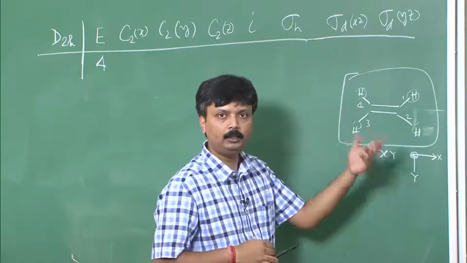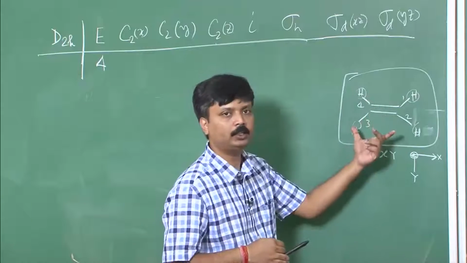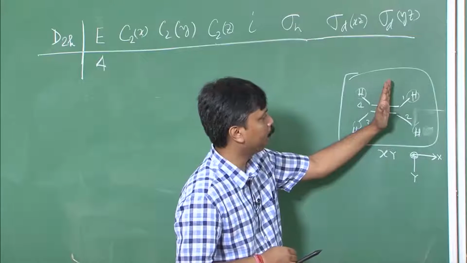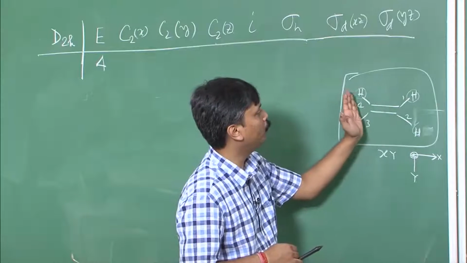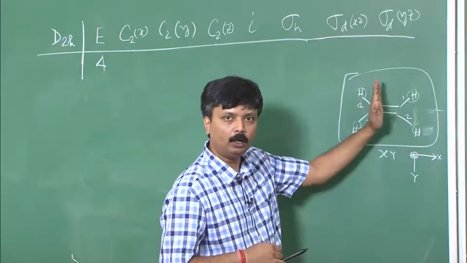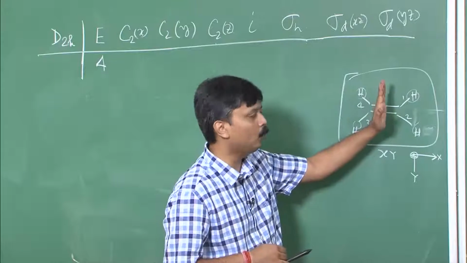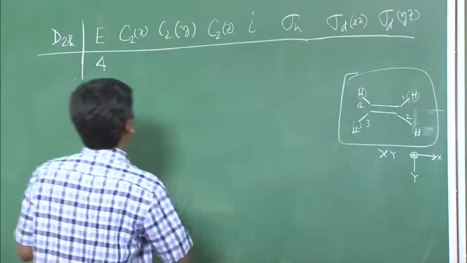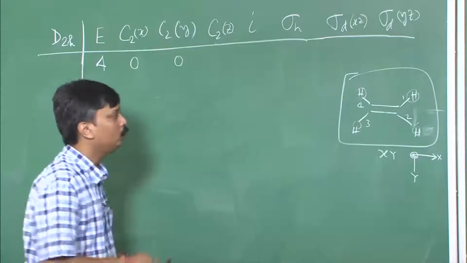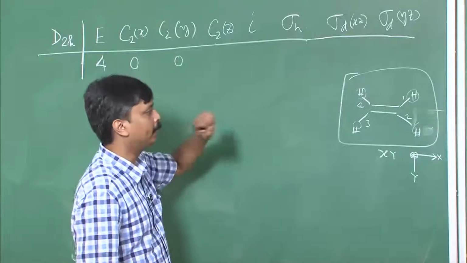So none of these basis functions will survive. And what about this C2? So this will also interchange 4 with 1, and 3 with 2. So none of them will survive. So there will be no contribution to the character. So both this and this will contribute 0 to the overall character.